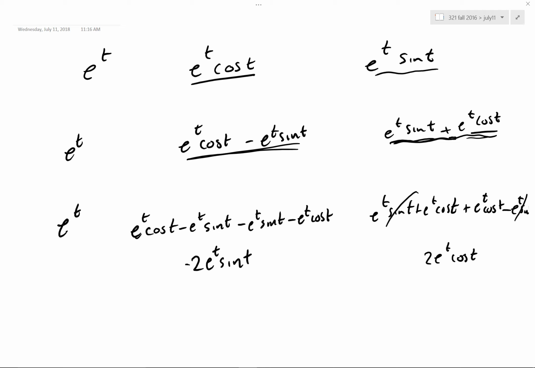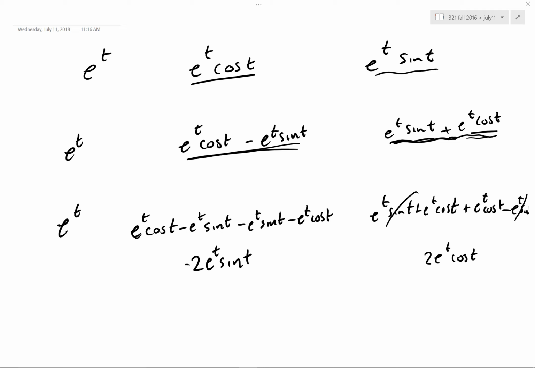So I'm going to take e to the t, and that middle guy, e to the t cosine t minus e to the t sine t, and then e to the t sine t plus e to the t cosine t, and then negative 2 e to the t sine t, 2 e to the t cosine t, and then minus always.